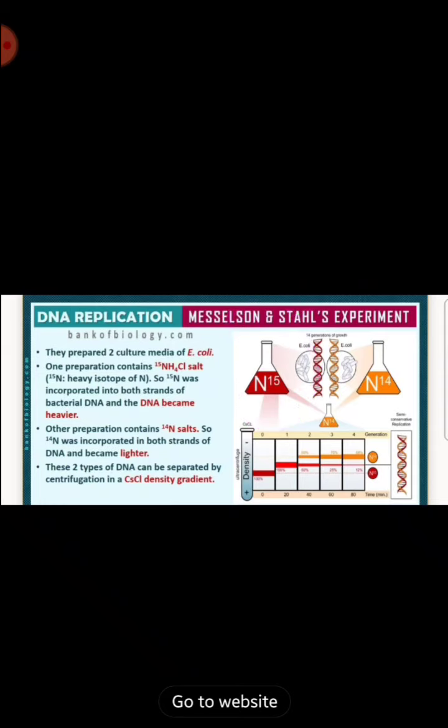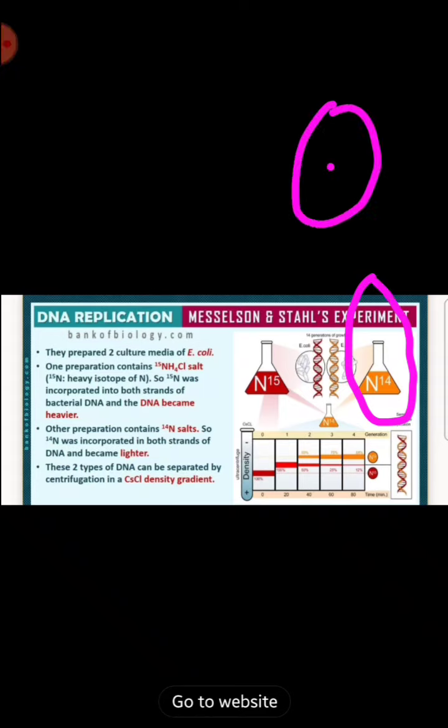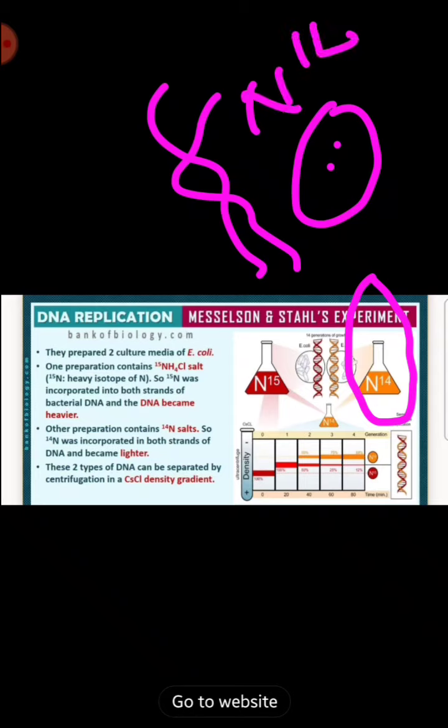In the other flask, the other preparation contains N14 salt. N14 is nothing but the N14 isotope. N14 was incorporated in both the strands of DNA and became lighter. So this bacterial DNA will have N14, and it becomes lighter.